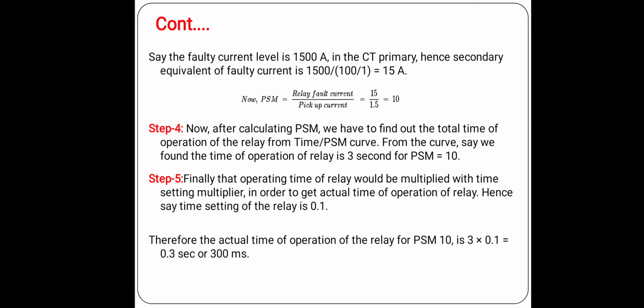Step 4 is that after calculating PSM we have to find the total time of operation of the relay from the time-PSM curve or time-PSM table. Sometimes we will be given a time-PSM table.